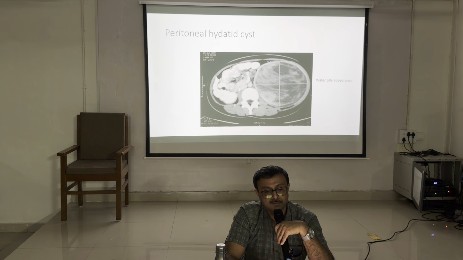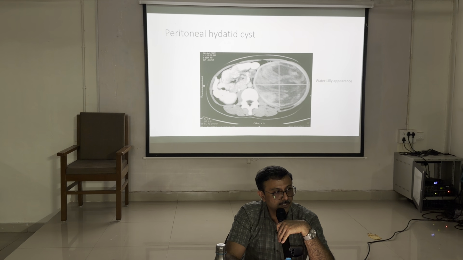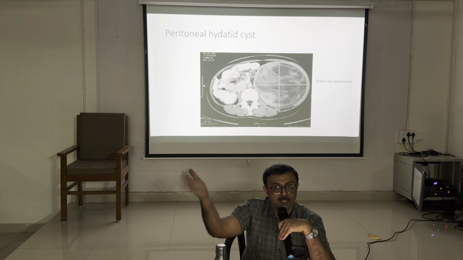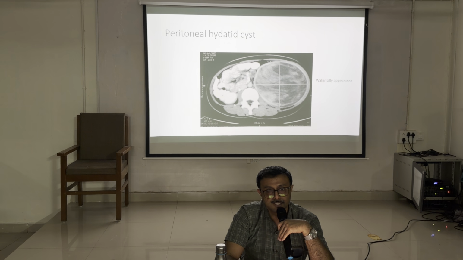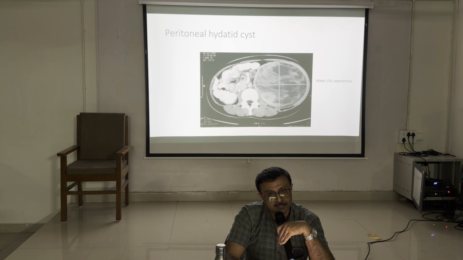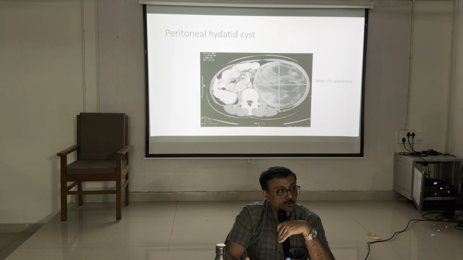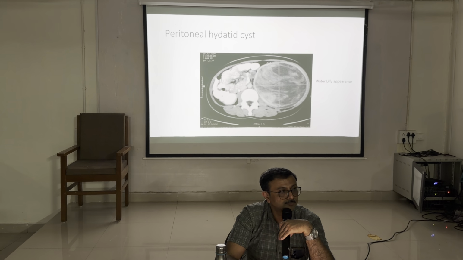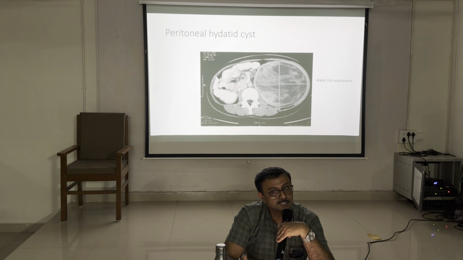So here there is a radiological classification of hydatid cysts: ultrasonography, CT, MRI. This is basically 3A, water lily appearance. Honeycomb appearance. C2, C3A, and C3B.